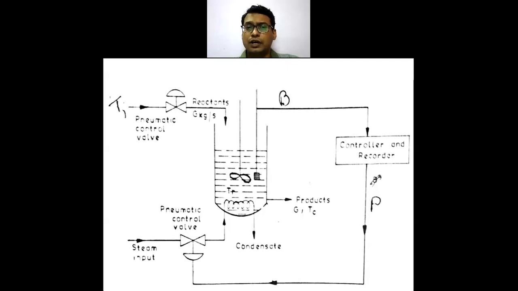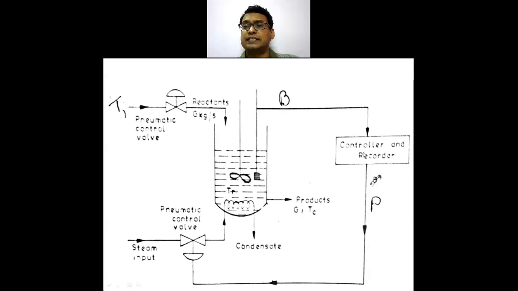For that, we have used different notations. Ti is your inlet temperature, B the measured value of the controlled variable. I want to maintain the temperature of this. So Tc is my controlled variable for which B is the measured value.